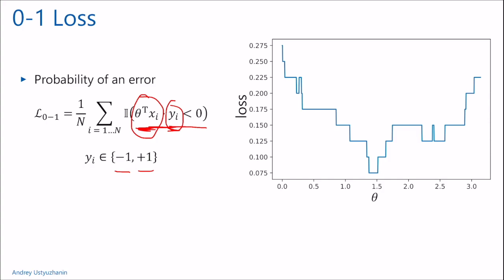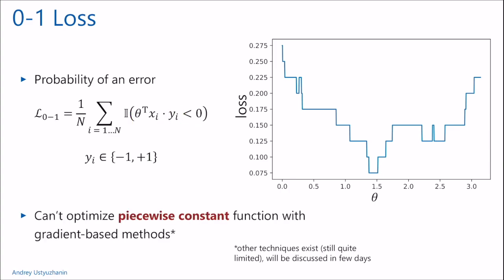And we can plot the dependency of this loss function from the theta. And you can see an obvious problem which forbids optimization of this function using methods that we saw previously, because it is piecewise constant.